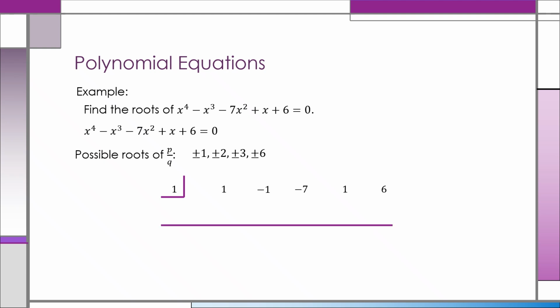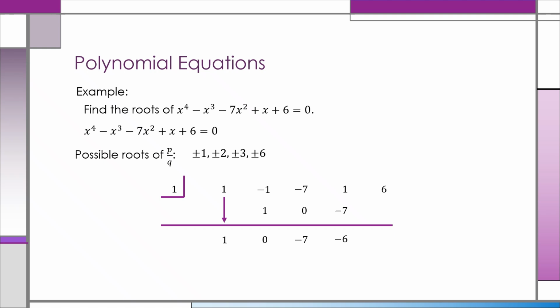Then let's have the synthetic division process. So bring down 1. Then 1 times the window, which is 1, is 1. Negative 1 plus 1 is 0. 0 times the window, which is 1, 0. Negative 7 plus 0, of course, negative 7. Negative 7 times the window, which is 1, of course, negative 7. 1 plus negative 7, which is negative 6.